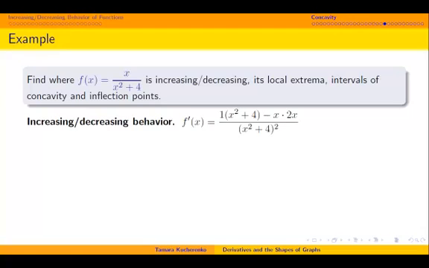F prime of x equals the derivative of the top, which is 1, times the bottom, x squared plus 4, minus the top, x, times the derivative of the bottom, 2x, divided by the bottom squared, x squared plus 4 squared. This simplifies to 4 minus x squared divided by x squared plus 4 squared.